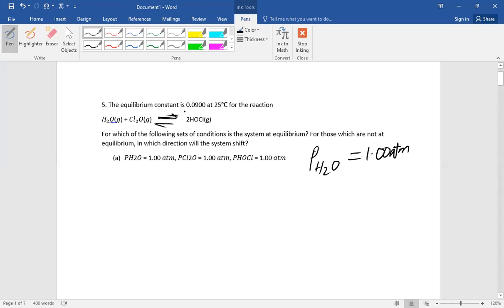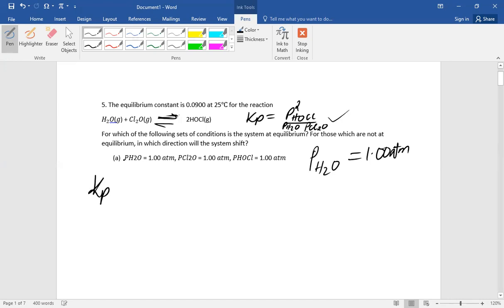First of all, we write the formula. Kp is given by partial pressure squared of HOCl over PH2O and partial pressure of Cl2O. This is the formula that we'll use throughout.